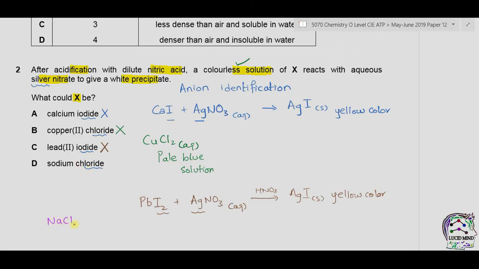Now sodium chloride is colorless solution and it can react with silver nitrate in the presence of nitric acid to form silver chloride. Now silver chloride precipitate is white in color. Therefore, sodium chloride is correct. The answer is therefore D.